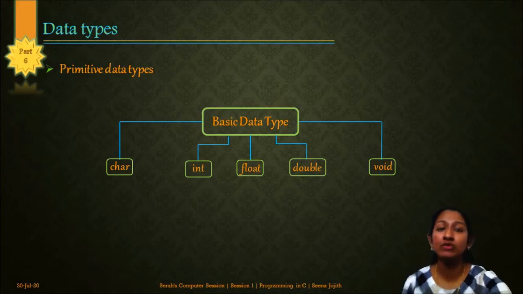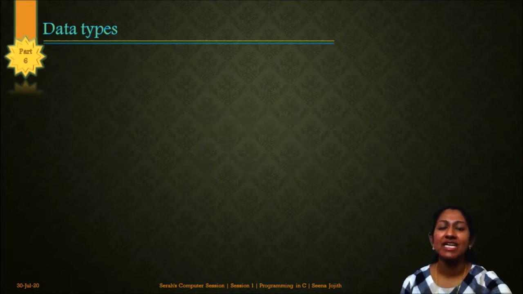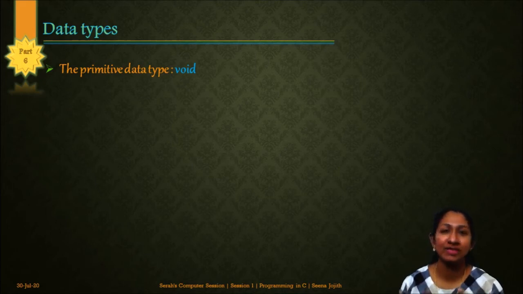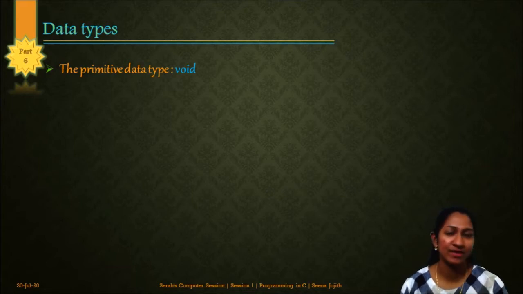We'll move on to void at first, because it's easy to understand. Void data type, the size allocated, as well as the range of values. So yes, void. What did I tell you about the void data type in my last video? Yes, I told that void means it's empty.